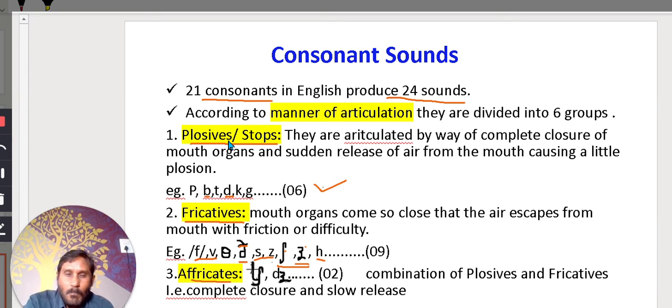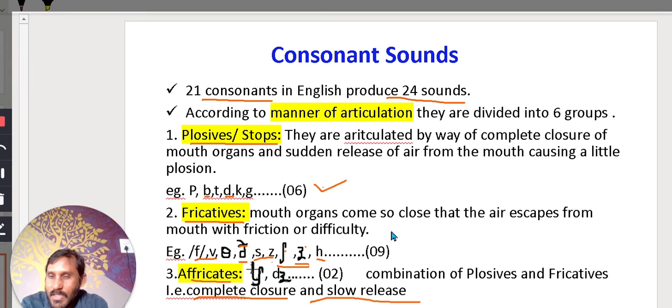That means how they are produced is a combination of plosives and fricatives. What happens here is that just like in plosives, they close completely. In plosives, they close completely and are suddenly released. But here, they are not suddenly released. They are slowly released.